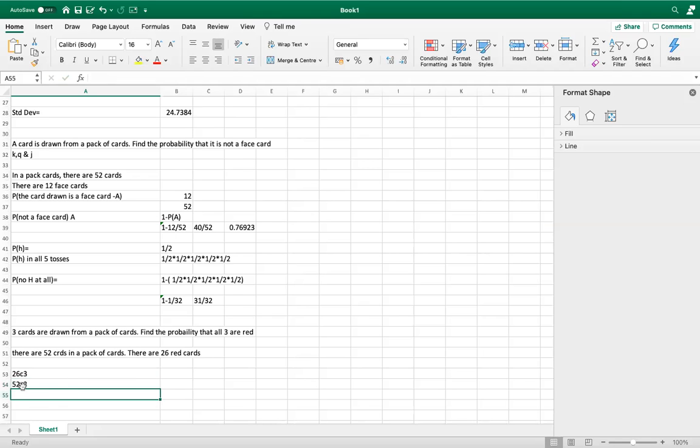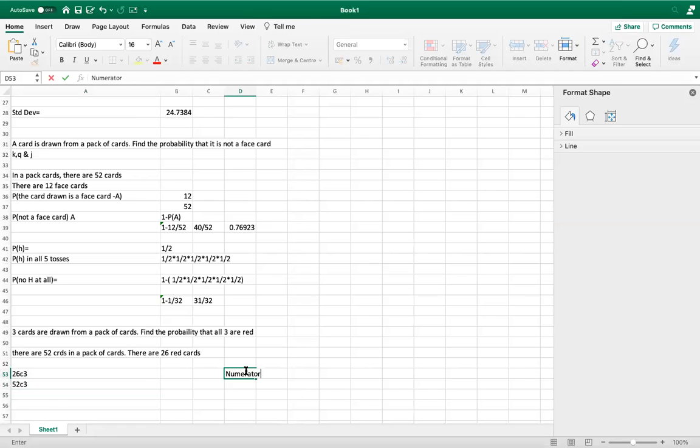52 cards में से आप निकाल रहे हो. But what is the chance that it happens to be from the 26 red cards? Are you following? Yes, ma'am. So shall I solve numerator and denominator separately? Numerator. ठीक है.